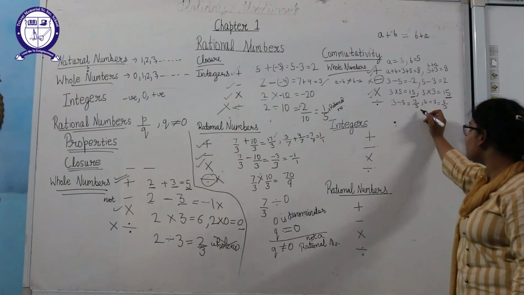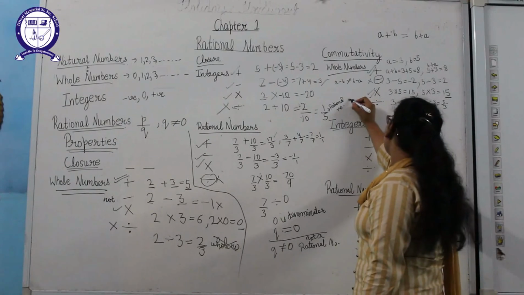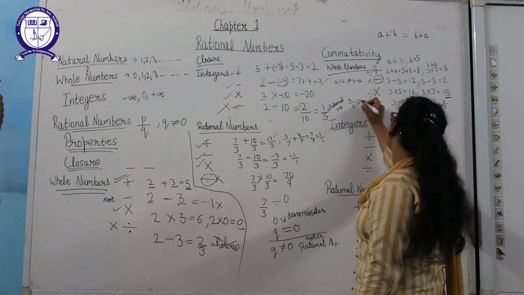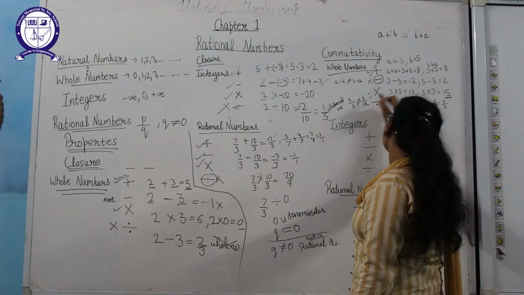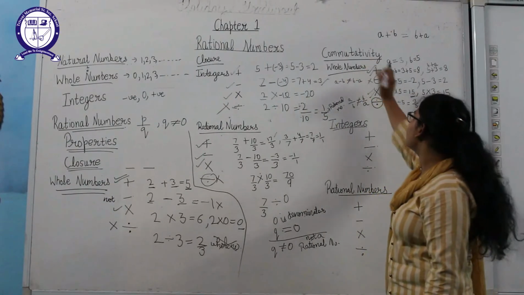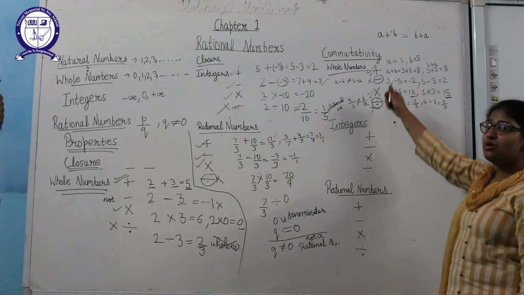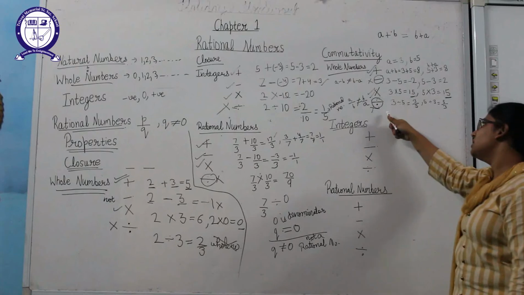Is 3 by 5 equal to 5 by 3? No. It means A divided by B is not equal to B divided by A. So we will say that whole numbers are not commutative under division.